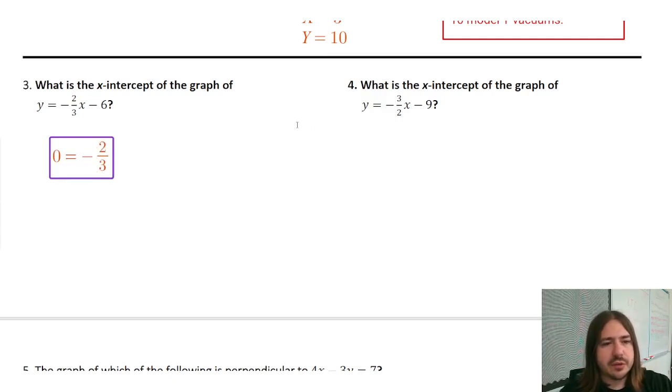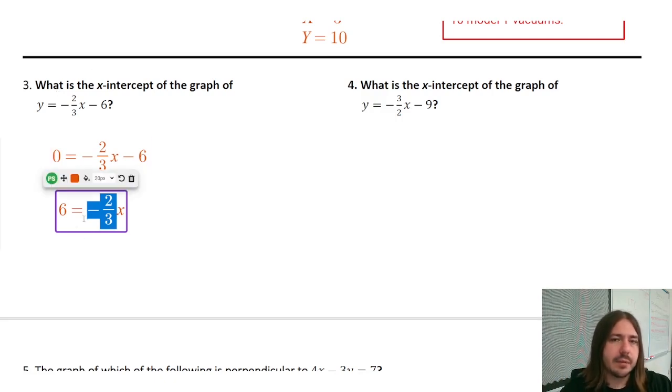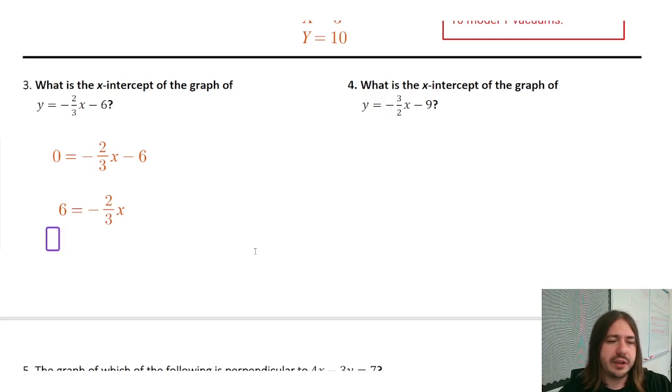So 0 equals negative 2/3 x minus 6, and we could solve this by first adding 6 to both sides. And to get rid of that negative 2/3, you could do one of two things. One is you could just divide both sides by negative 2/3, that's fine. If you'd like to take it step by step, like if that's too much of a jump for you, then we could multiply both sides by -3 here to get -18 equals 2x, and then divide both sides by 2.